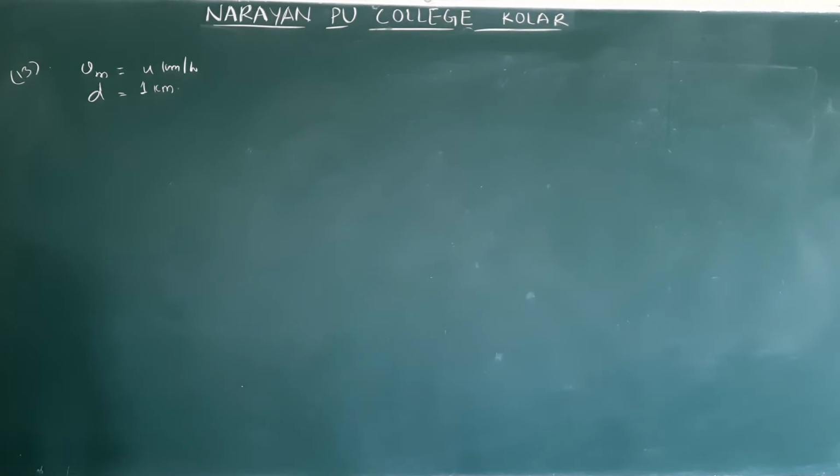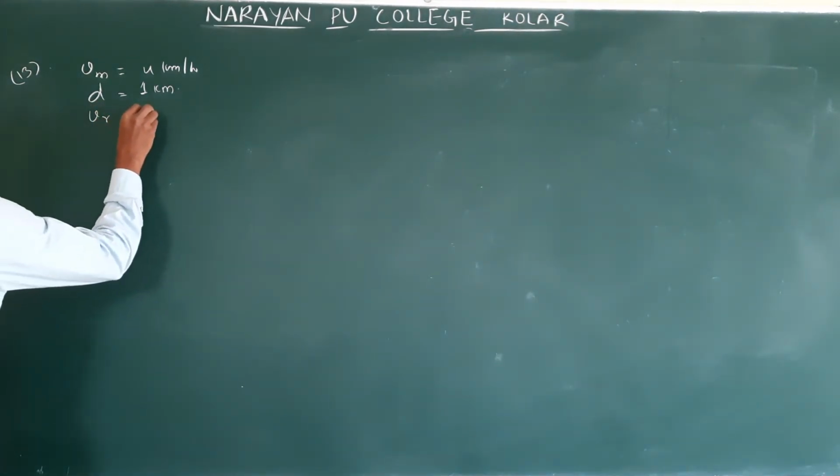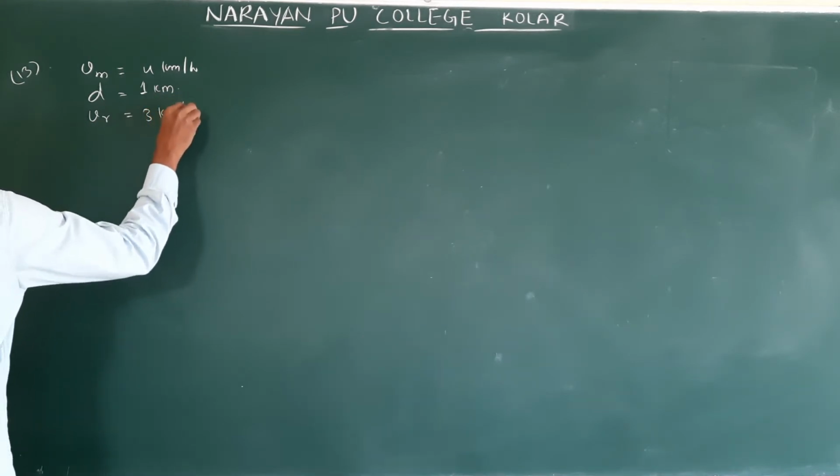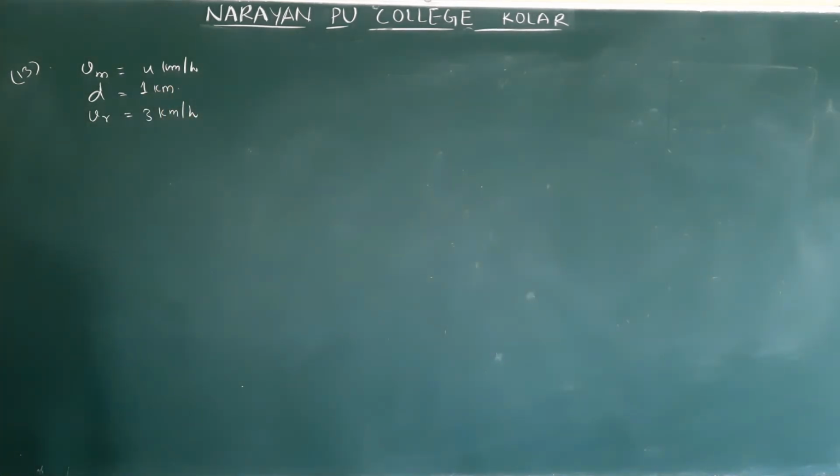Next, if the river flows steadily, velocity of river 3 kilometers per hour, and he makes strokes normal to the river current, how far down the river does he go when he reaches the other bank?